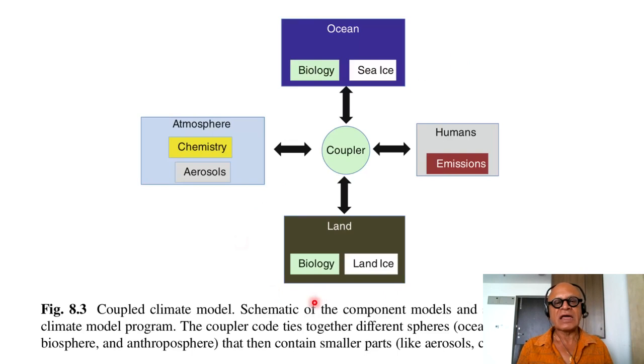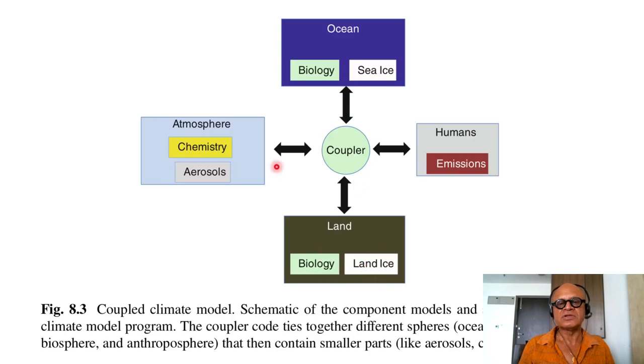So we looked at this before, the coupled climate model. There's a coupler which regrids and does the necessary changes needed to go between, let's say, the atmosphere, which is integrated first with chemistry and aerosols, produces winds and humidity, precipitation, clouds, etc., and goes into the coupler, is converted into fluxes for the ocean, which runs its biology and sea ice and circulation, and humans can be included with their emissions depending on the time scale, other activities like agriculture, irrigation, deforestation, transportation, urbanization, etc. And land gets fluxes as well, does its biology and land ice and so on.